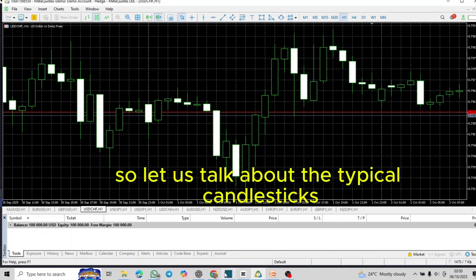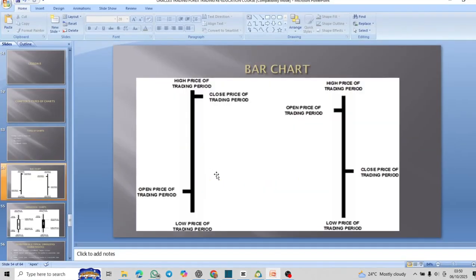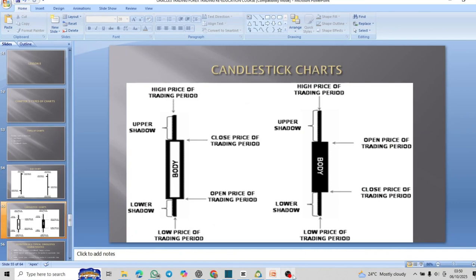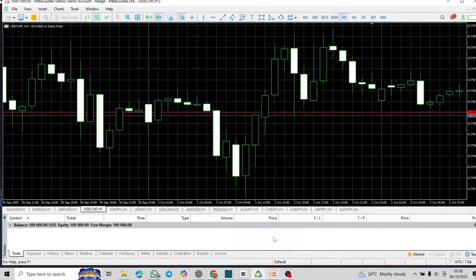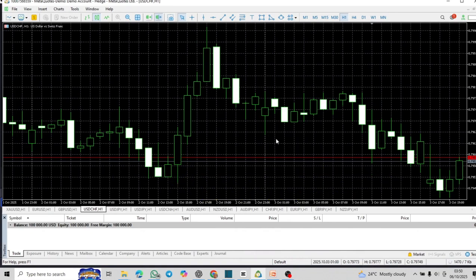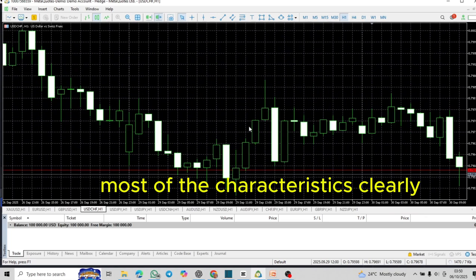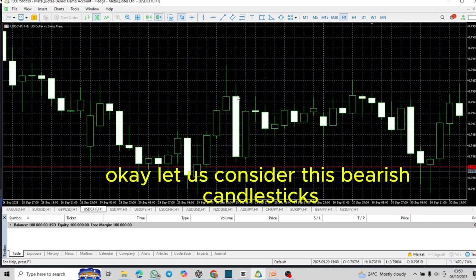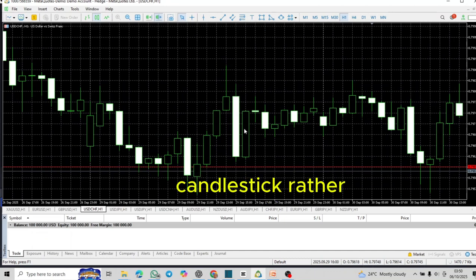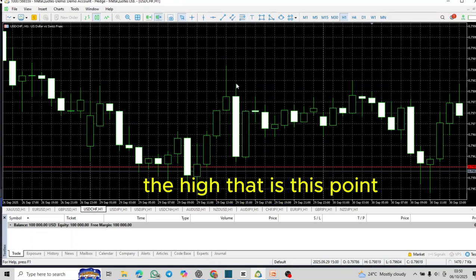So let us talk about the typical candlesticks characteristics. Let us just take any of the candlesticks as an example. I want to look for a good one that presents most of the characteristics clearly. Okay, let us consider this bearish candlestick. The highest point of this candlestick is called the high.